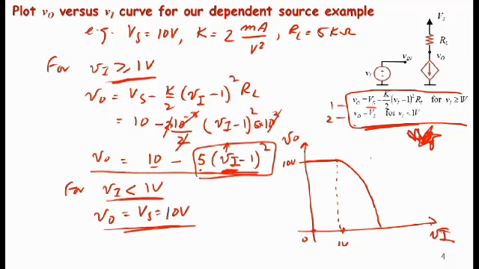This curve is given by 10 minus 5 times (Vi minus 1) whole squared. So that's a plot of the dependent source circuit that I've just shown you. This is the VO versus VI plot that we had set out to discover.